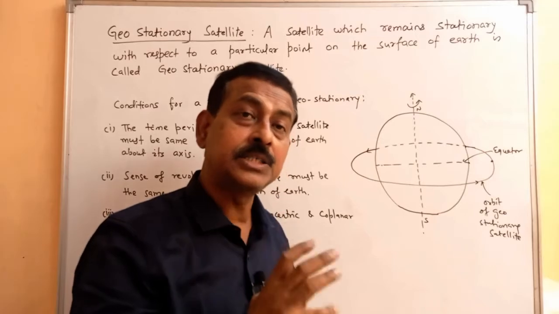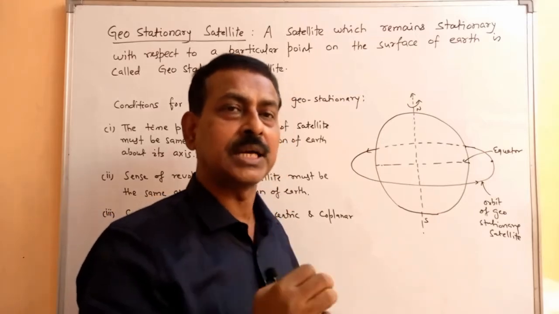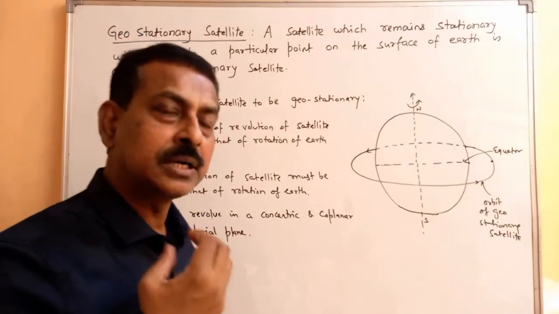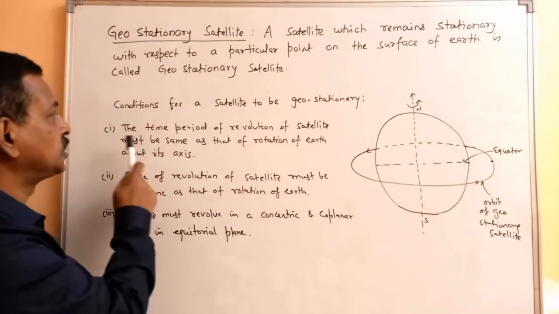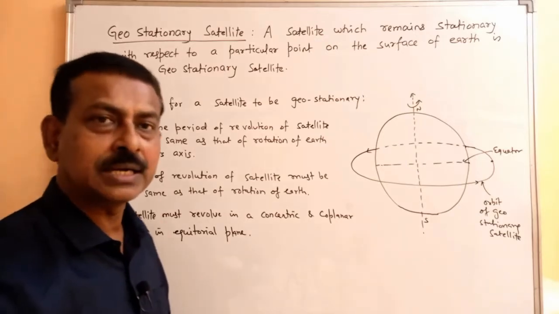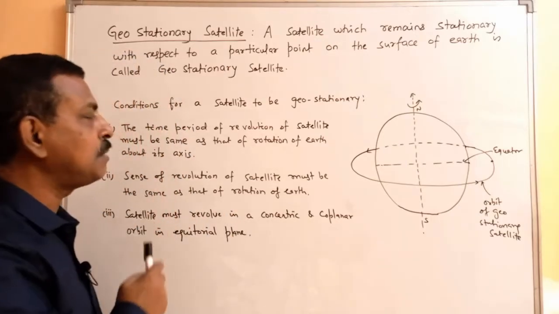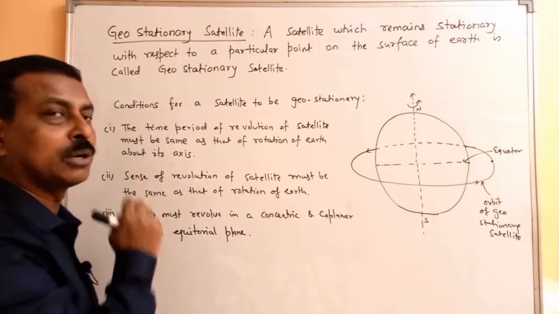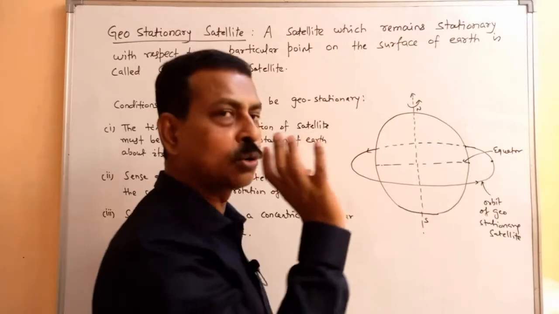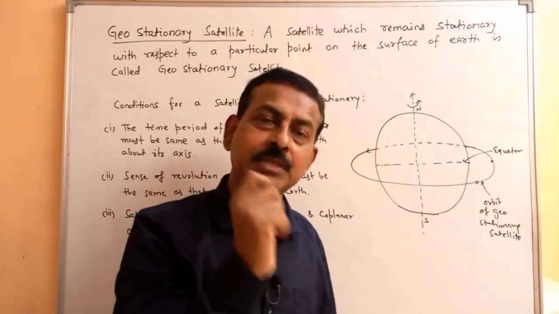Now there are certain conditions required for a satellite to be geostationary. The first condition is that the time period of revolution of the satellite must be the same as that of rotation of the Earth about its axis. If the Earth is rotating about its axis, it takes 24 hours.